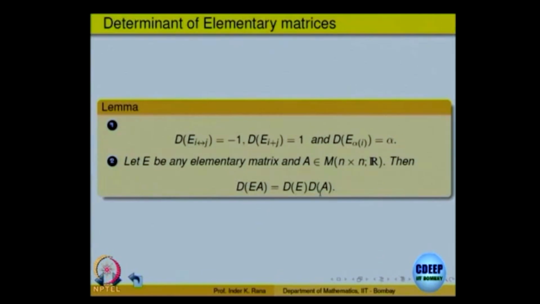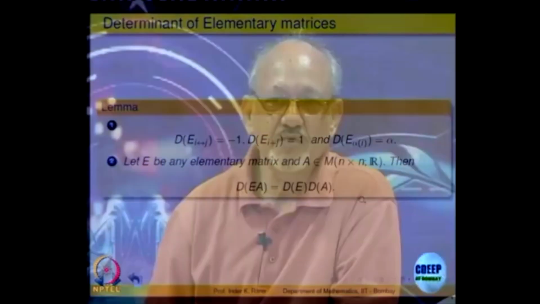Interchange, right? So basically now you can see that I am heading towards trying to prove a property that determinant of A times B is equal to determinant of A into determinant of B. This is the first step towards that.